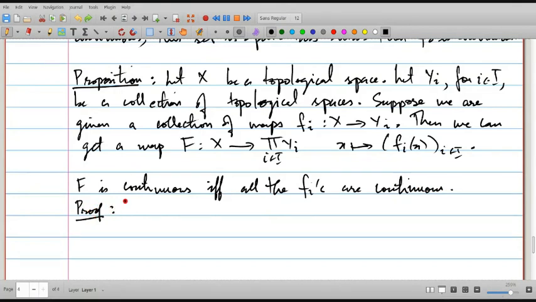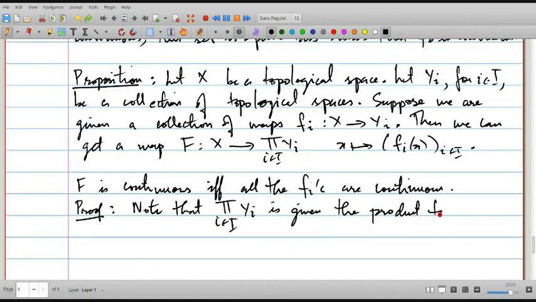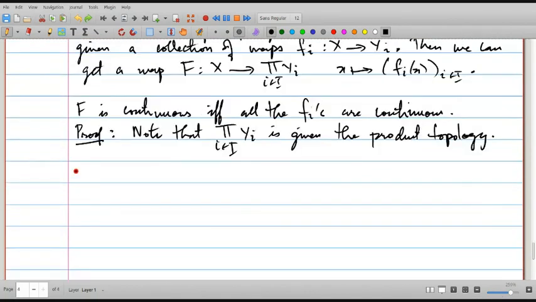First, let us remark that the product, as we had mentioned, is given the product topology. So first, let us assume that F is continuous.